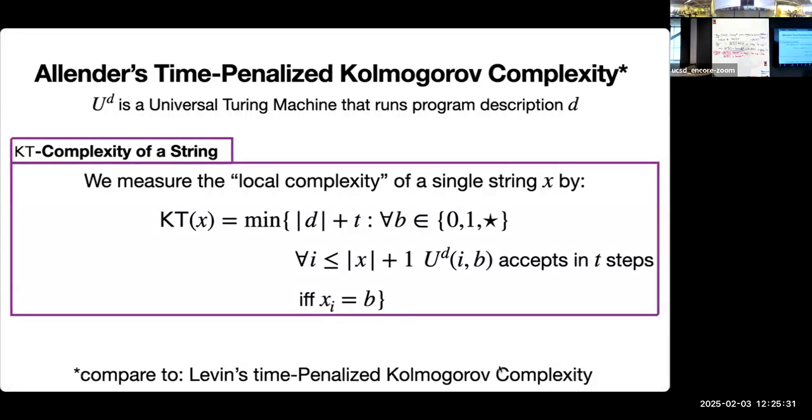So Eric was able to define a notion called K capital F that corresponds to formula complexity by taking this universal Turing machine to be a universal alternating machine that runs in small parallel time.